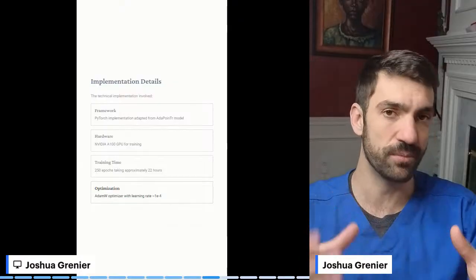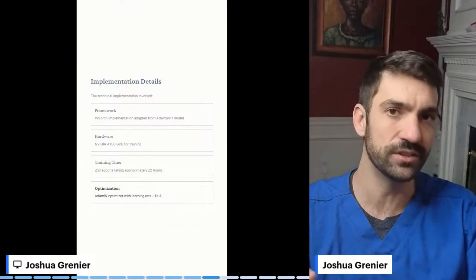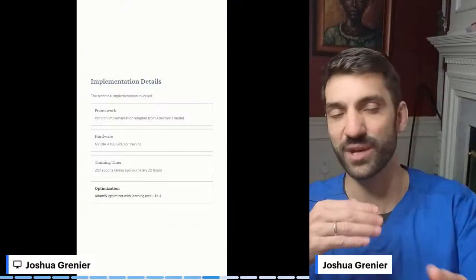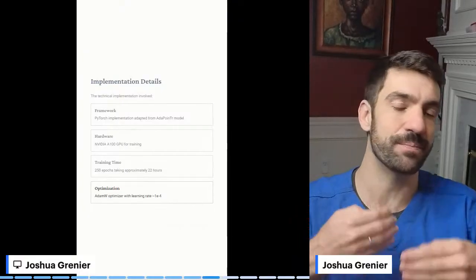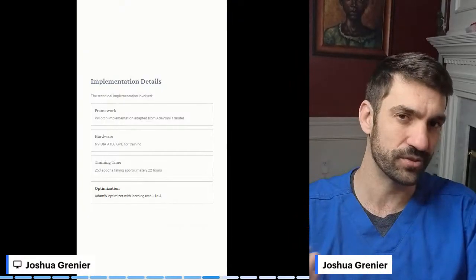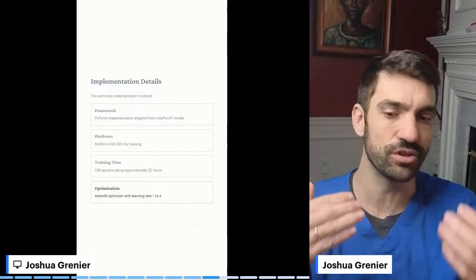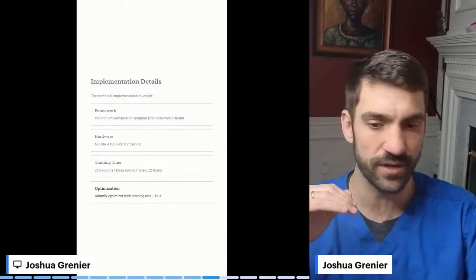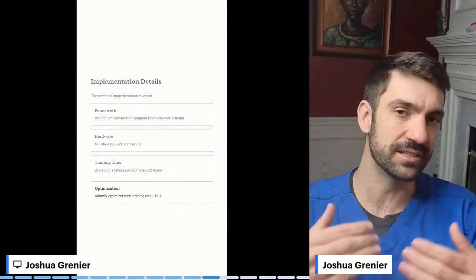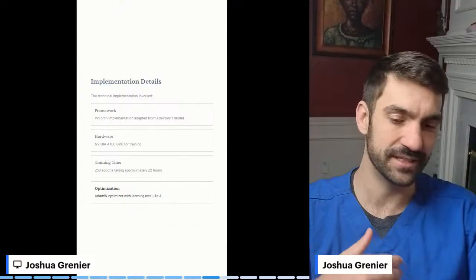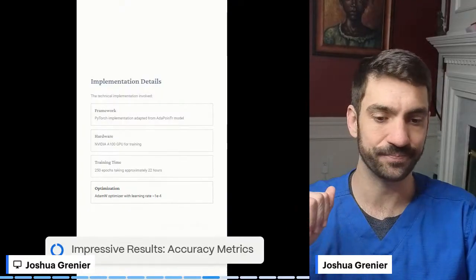So these types of models are relatively easy to do. Again, if you have the knowledge, you don't actually have to build these things from scratch, which I think is very interesting in the dental space, because we have so many needs for things to be trained. And the limiting factor is the data that you actually have.